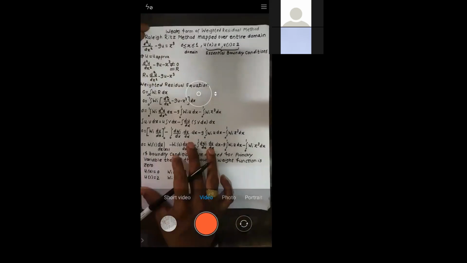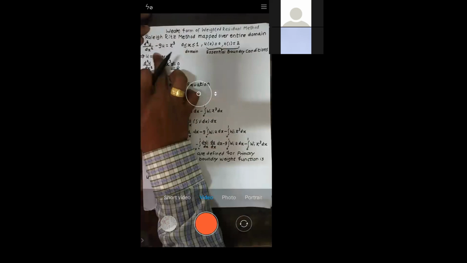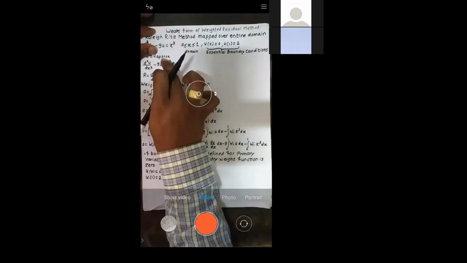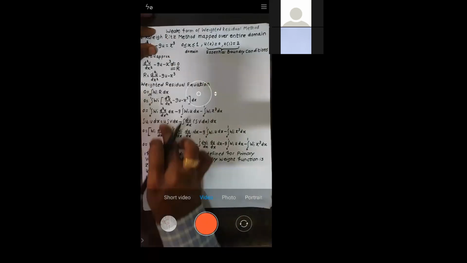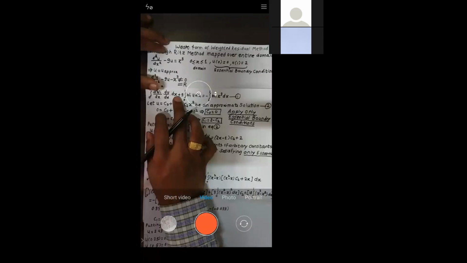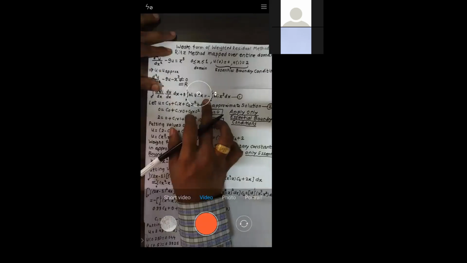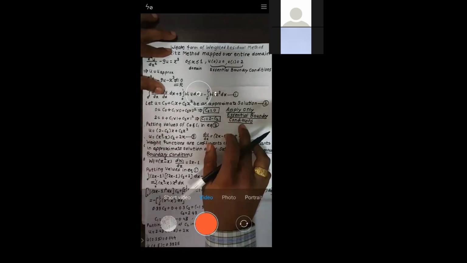Okay, so what is the very basic step? Initially you solve the given equation in such a manner that its degree gets halved. Once you have the equation with half the degree, you need to deal with fewer constants, so the complexity of the equation is reduced. So you assume the approximate solution with fewer constants, and on that approximate solution you apply only essential boundary conditions, so you get a refined approximate solution.